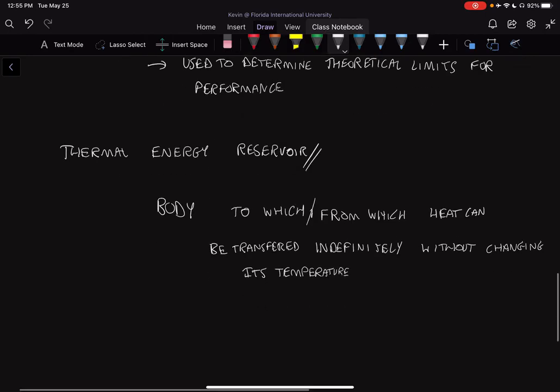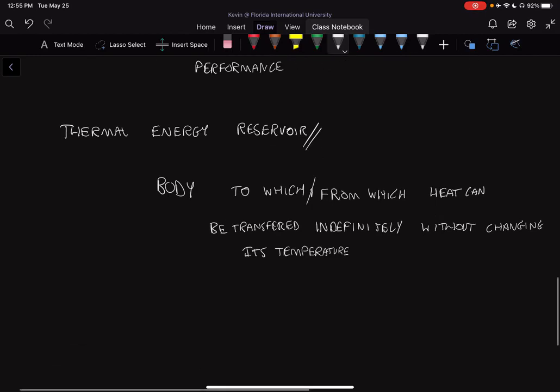So an example of a reservoir is, for example, a furnace. A furnace is a place where we burn some oil or other gasoline or refined oil, or coal or anything else.